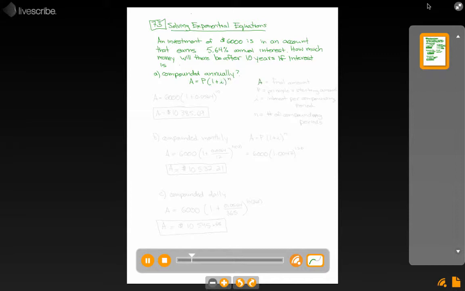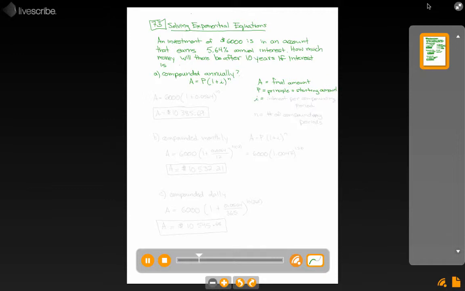Now A is your final amount, what we're expecting to end up with here, which is what we're trying to find in this question. P is your principal, your starting amount, which in this case is the $6,000.